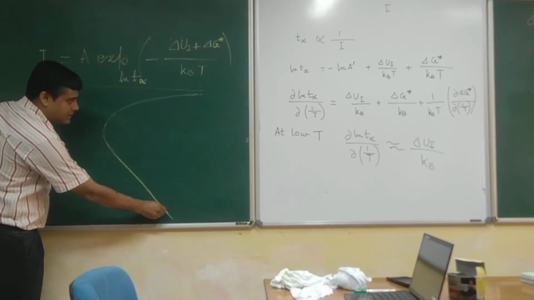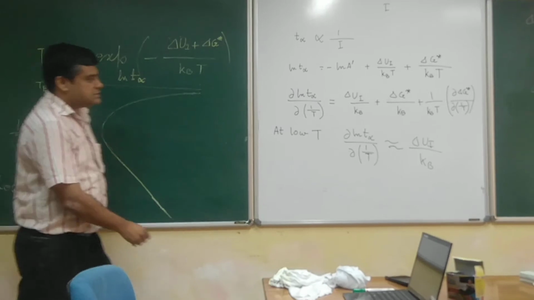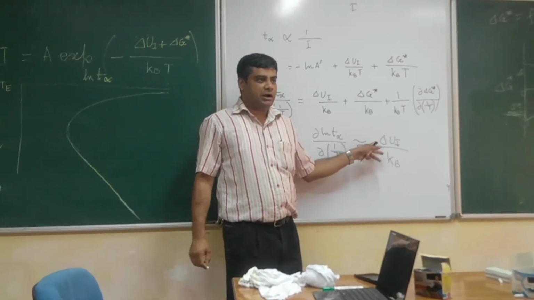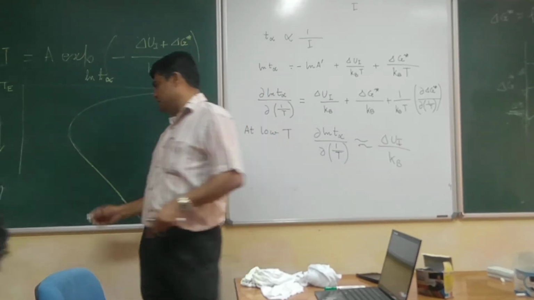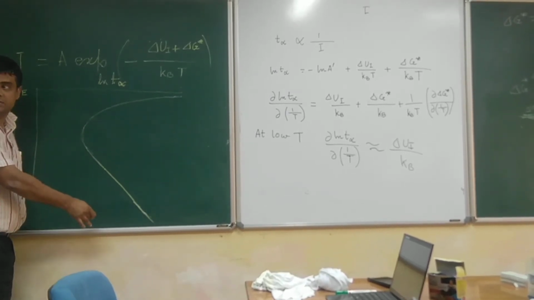At low temperature your slope of this is equal to a term which is not a function of temperature. So slope is constant. That's why this part is linear. That's why this part is linear at low temperature.